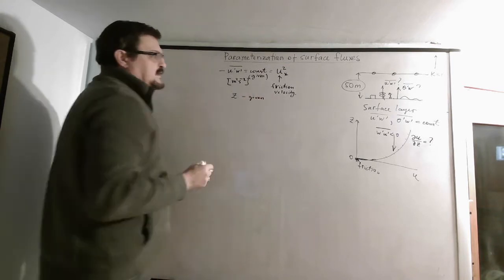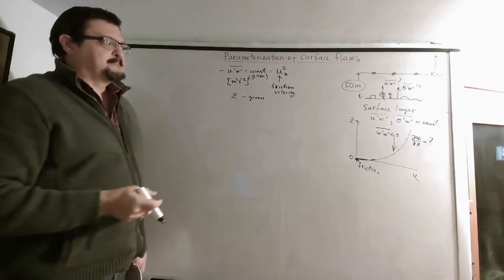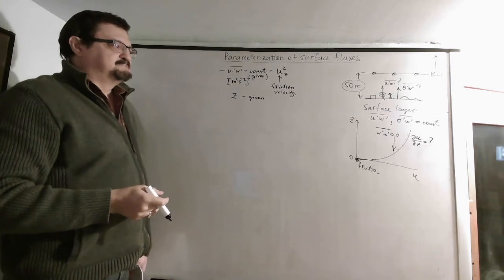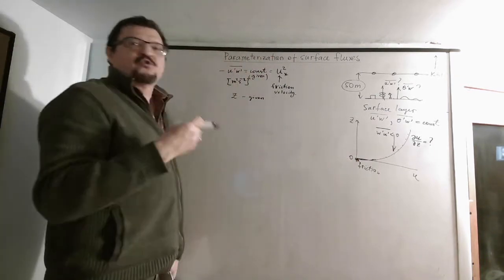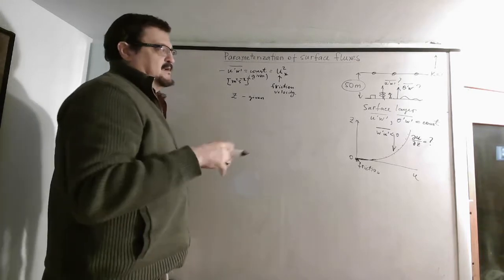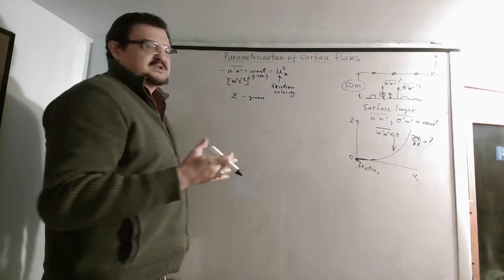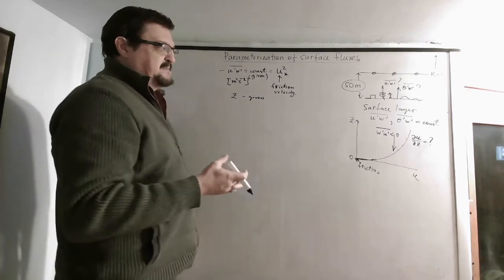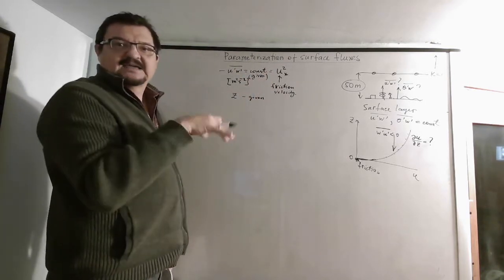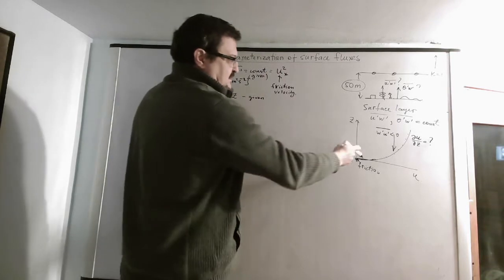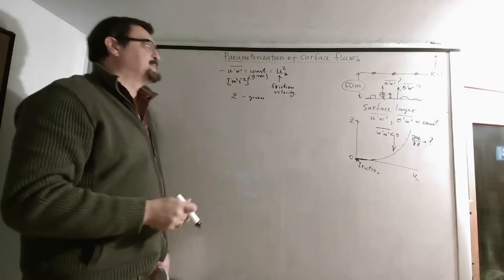So it's also given. And what else is given? Well, maybe some characteristic of the surface, how rough it is, because you know it should depend on that. But because we're already given the flux, it's implied in that flux how rough the surface is.